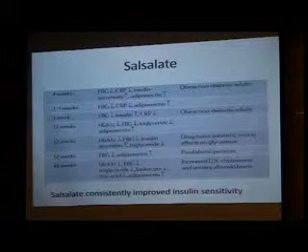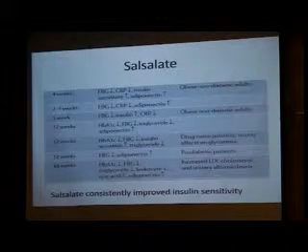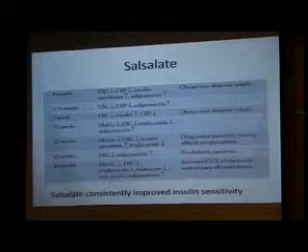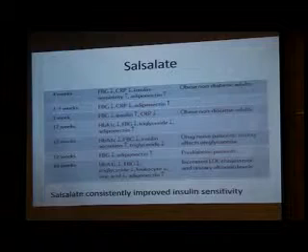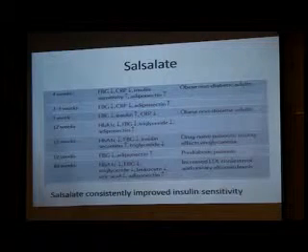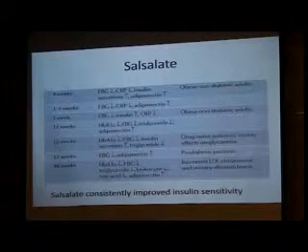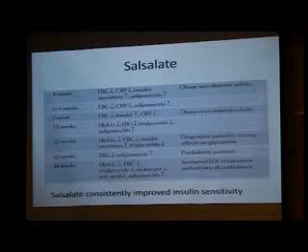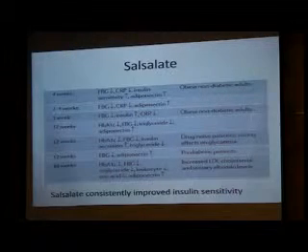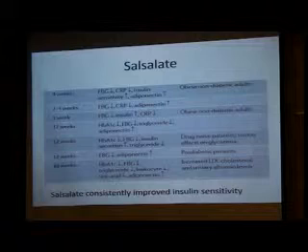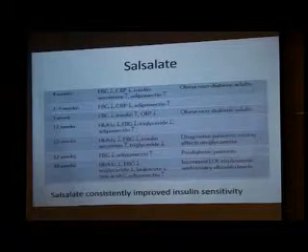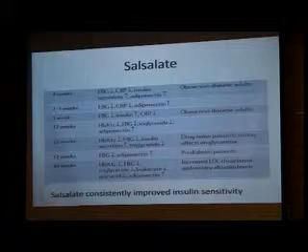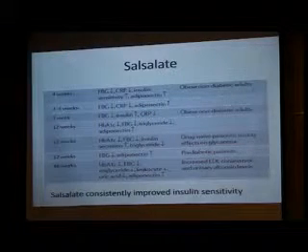The third group of agent is salicylate, very popular, acetylsalicylic acid. We all use it in the form of aspirin, similar to that, at high dose. Here they have studied even up to 48 weeks, and major studies have been published in reputed journals. The last line I would draw your attention to: salicylate consistently improved insulin sensitivity. So it is acting on insulin resistance primarily rather than on beta cell function.